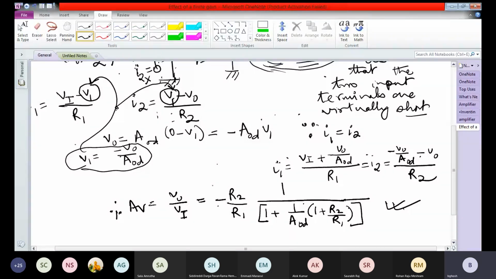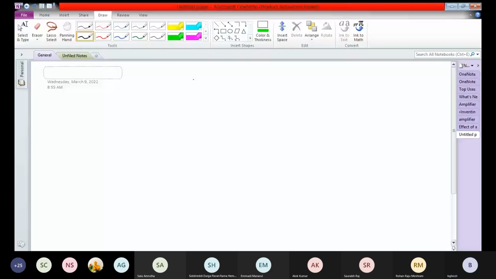So now we come to the first application of the operational amplifier called the summing amplifier. The first, I would say, the first mathematical operation of the operational amplifier.